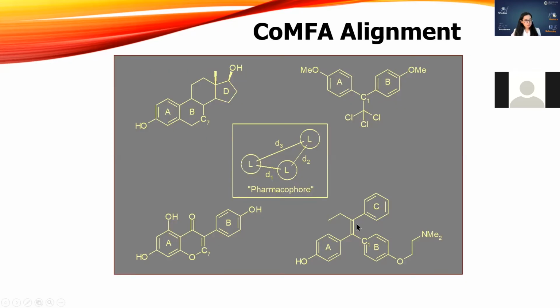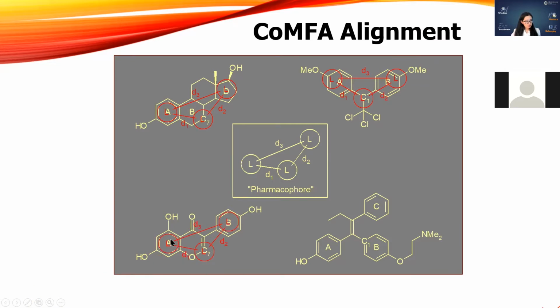There is a field called CoMFA. So in CoMFA, basically, they will have molecules of the ligand or the drug compound that binds to the protein, but they don't know the target protein yet. So they basically get all the ligands and then they plot the pharmacophoric points, such as 1 point here, 1 point here, 1 point here.